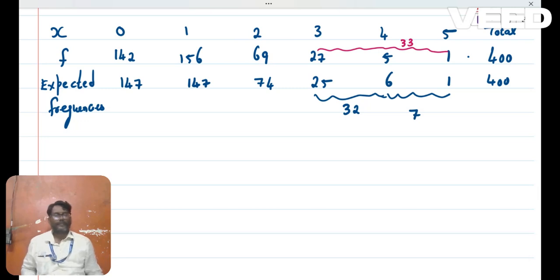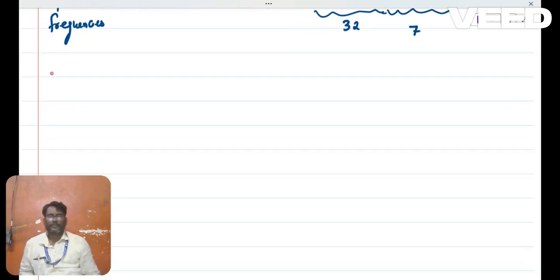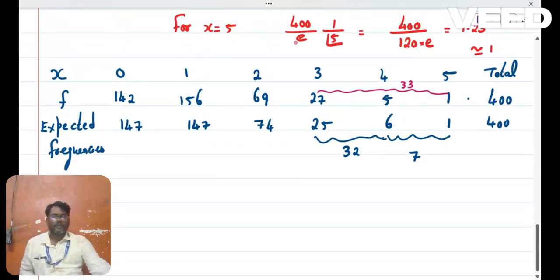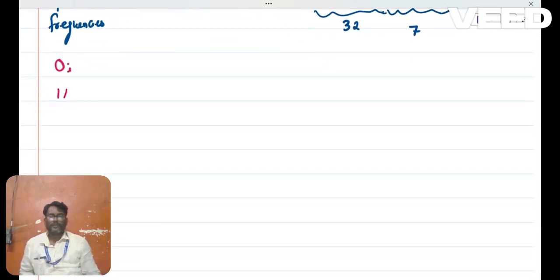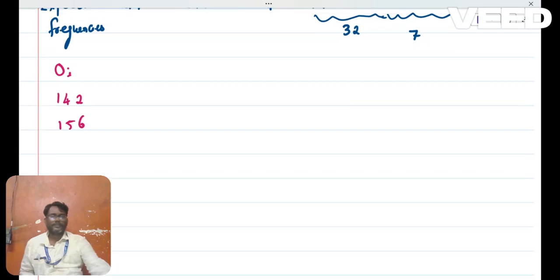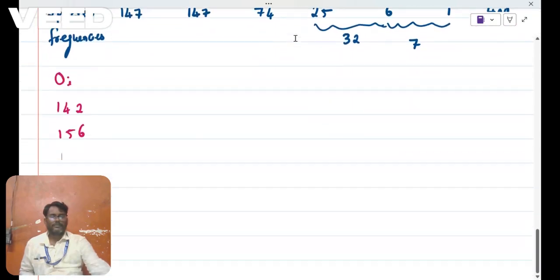So now we write the observed frequencies and expected frequencies column wise. So we'll get Oi, the observed frequencies 142, 156, 69, 33.